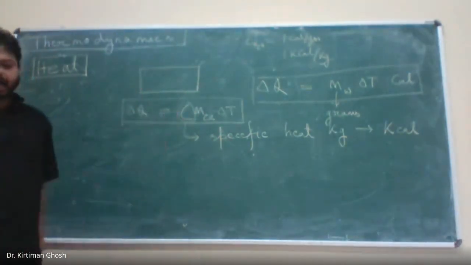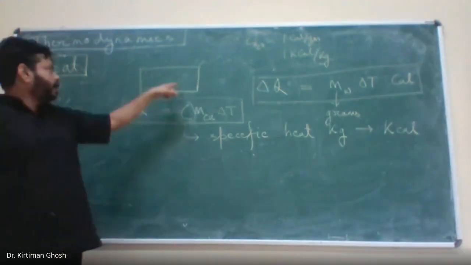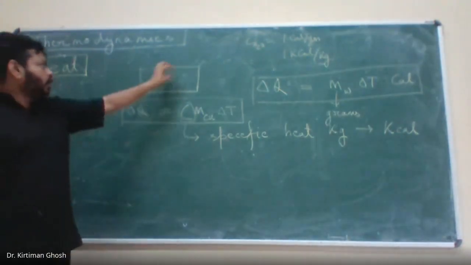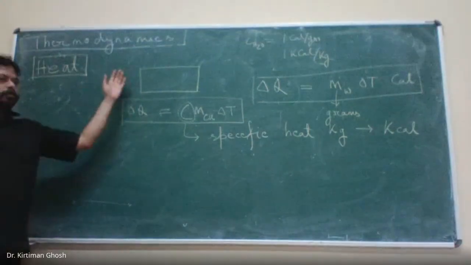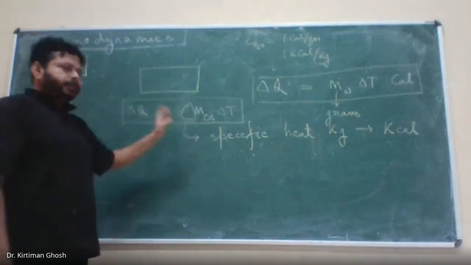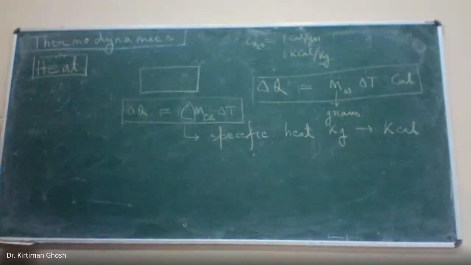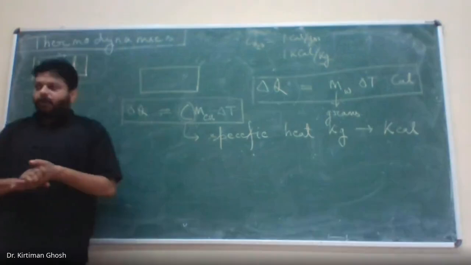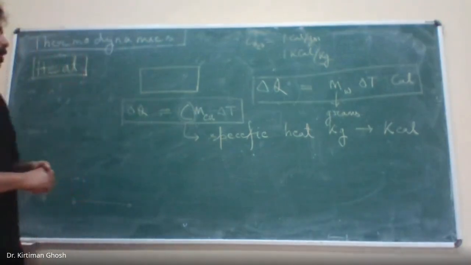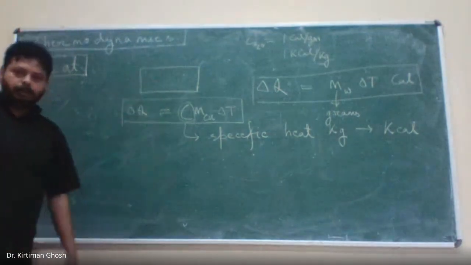Now, C you can calculate. C will depend on the properties of this metal. So this is a copper block. C will depend on the properties of this copper block. If I take an iron block or a lead block, the value of C will be different. So you can try to theoretically calculate the value of C from your understanding of the properties of the metal.